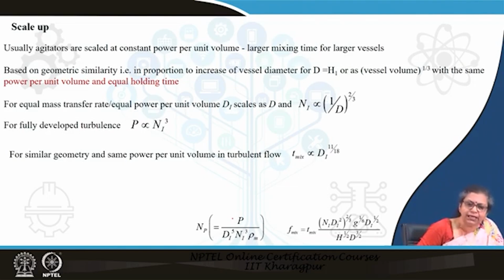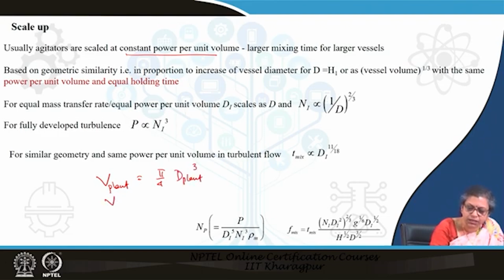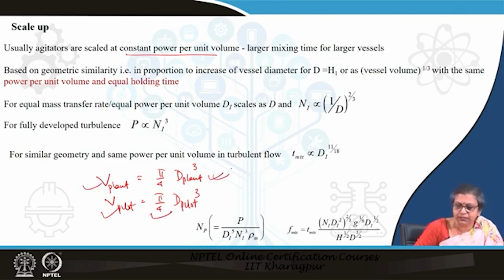So, generally for scale up, we assume that the larger vessel and the smaller vessel are both operated at constant power per unit volume, and then, based on geometric similarity, we assume that for the larger plant the volume is equal to pi by 4 d plant cubed, and for the smaller pilot plant it is equal to pi by 4 d pilot cubed. So, if we know this, we can find the diameter of the actual plant.